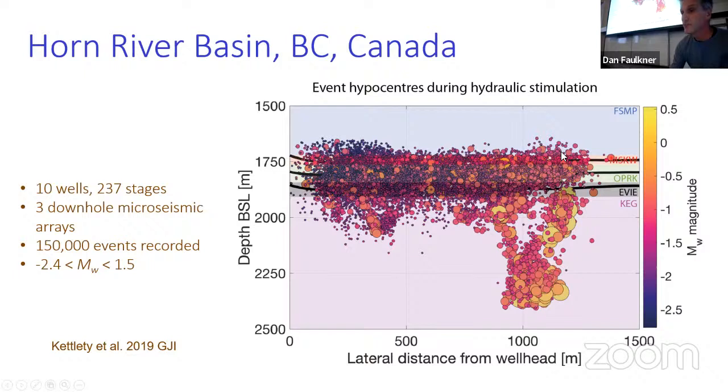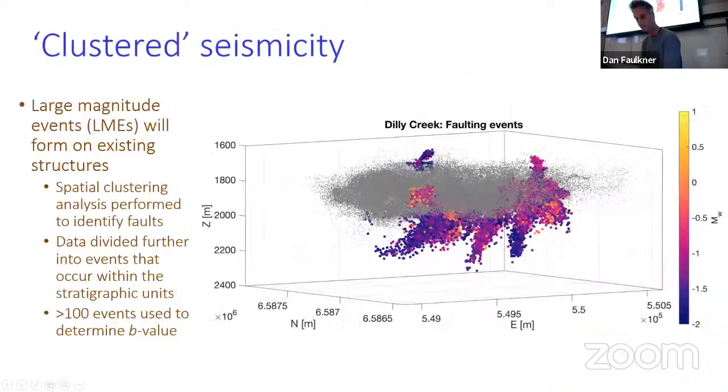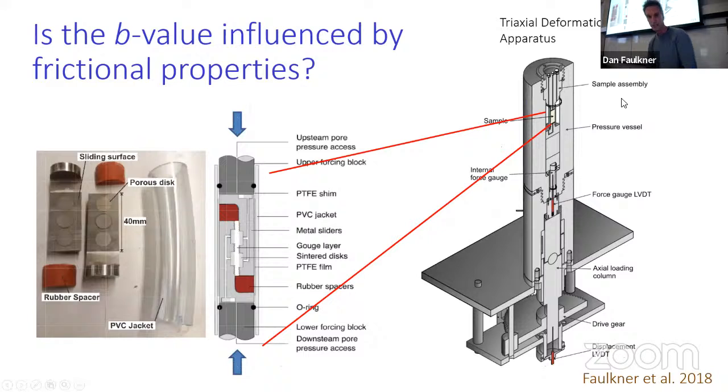We can further subdivide our clustered events into stratigraphic horizons, so that we can look at what the B value is around faults which exist solely within the Muskwa formation, and see whether that has any difference in the B value for events on faults that occur within the Otter Park Formation, etc. So the idea is that we would take material collected from boreholes from each of these different horizons and measure their lab properties. And that's what I want to move on to now.